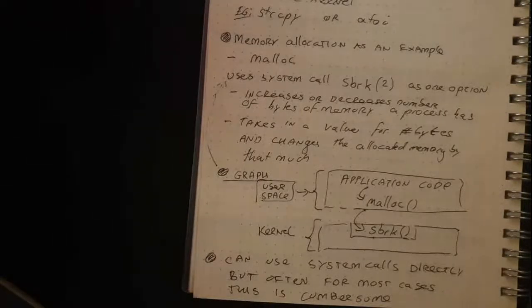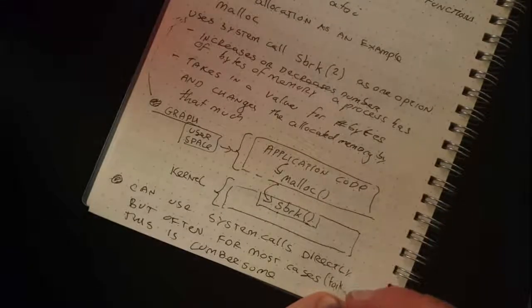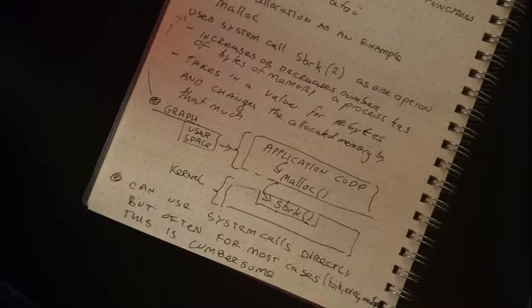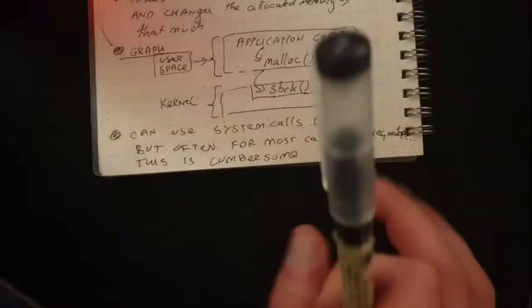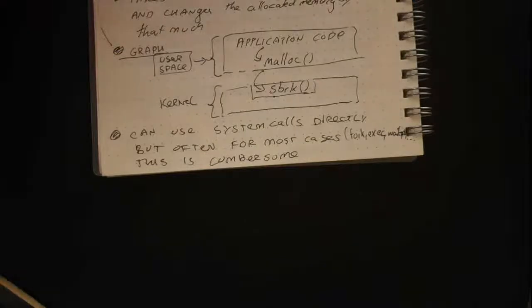So for example, in our previous code for running a shell, we used fork, exec and waitpid. And that worked fine. But in other cases, you don't particularly need to.